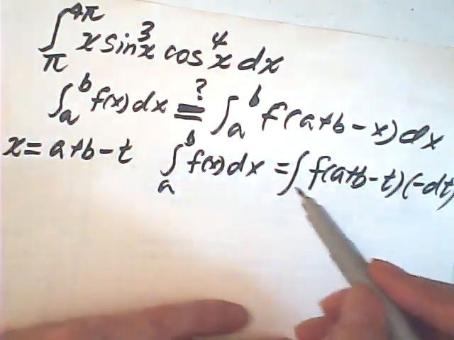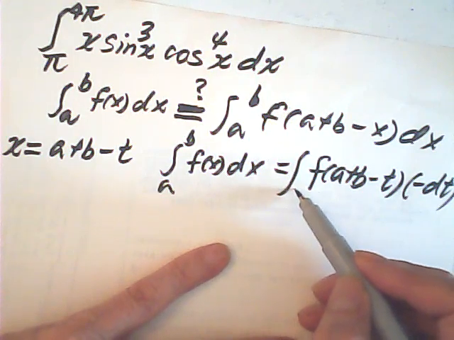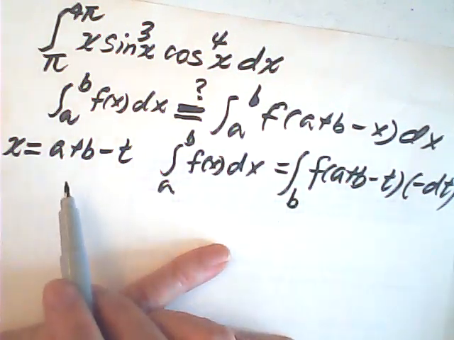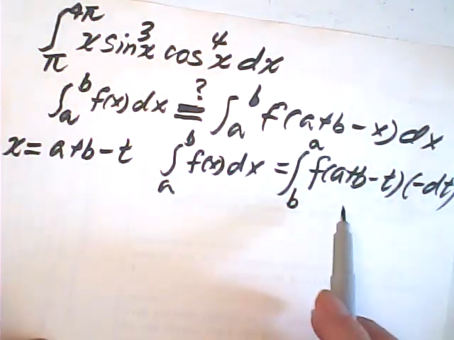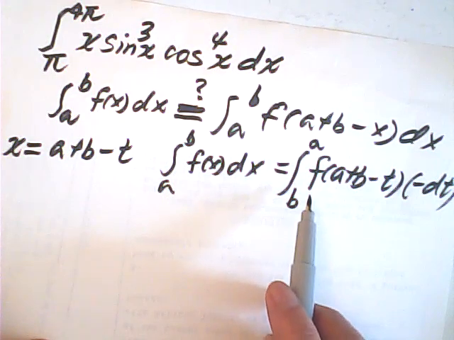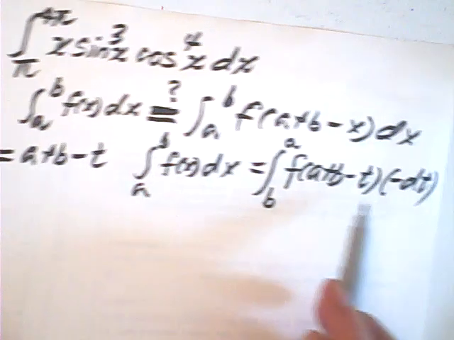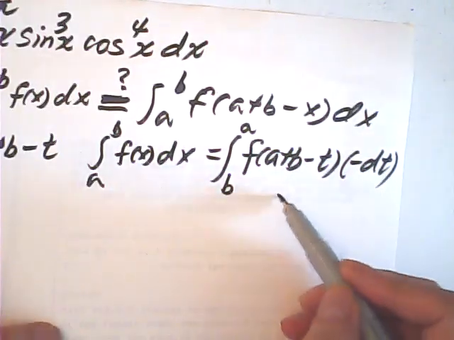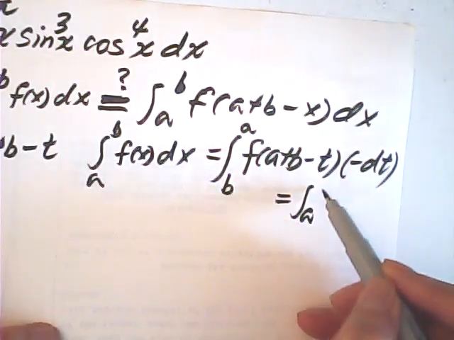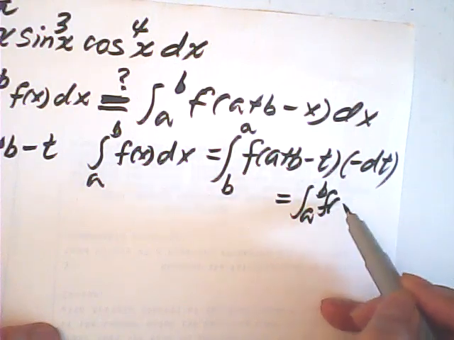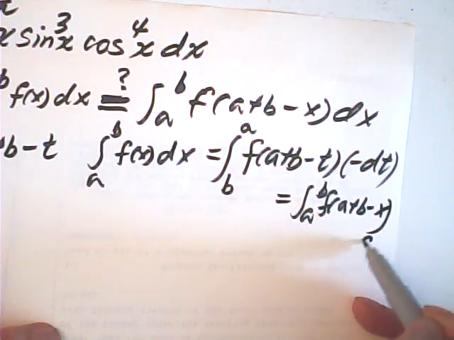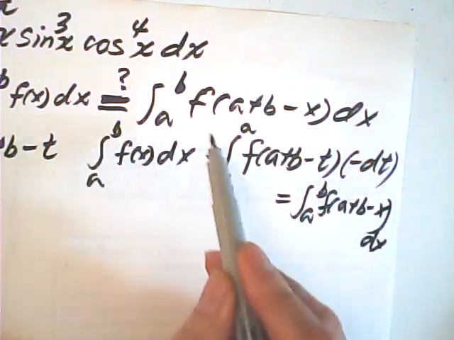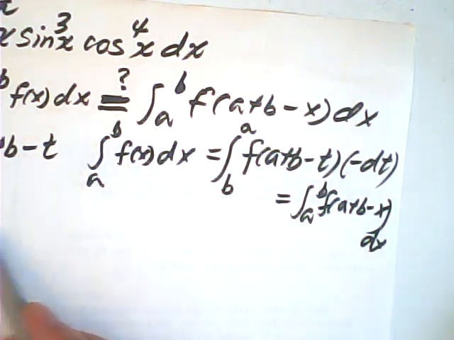When x equals a, t is b. When x equals b, t is equal to a. Now then, well, x and t are just dummy variables, so this one is equal to the integral from a to b of f of a plus b minus x dx. Okay, so that's proved. We proved the first property.